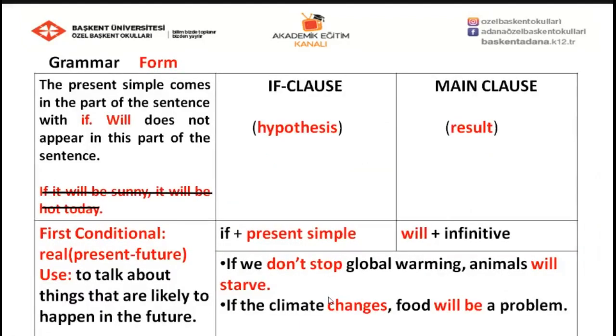Here is a chart that indicates both the formation and usage of first conditional. As you can see here, if clause shows hypothesis and main clause shows consequence of this situation.